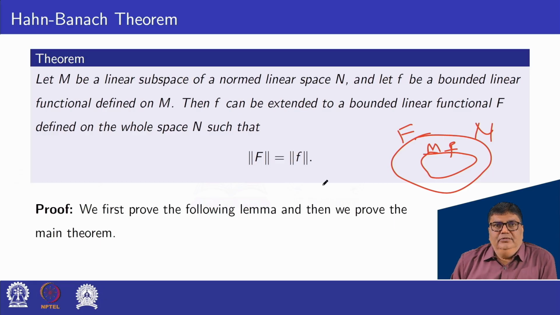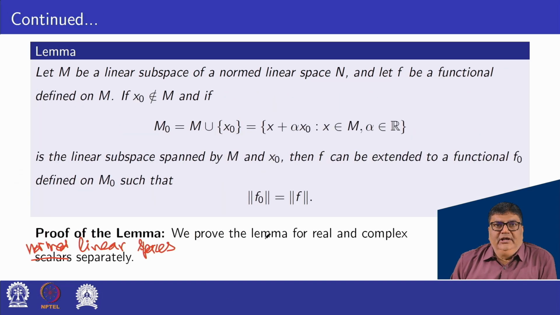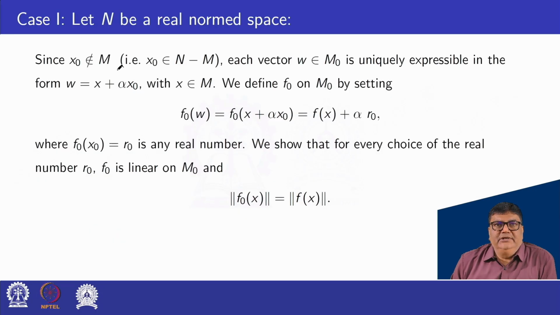To prove this theorem, first we prove the following lemma. Lemma is divided in two parts, when the space is a real normed linear space and a complex normed linear space. So first case we discuss here. Let N be a real normed linear space.